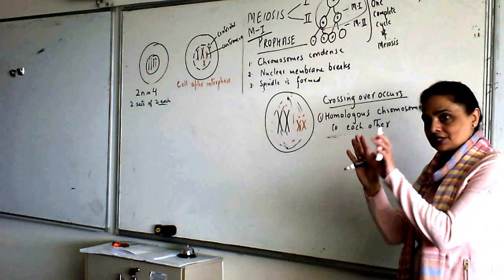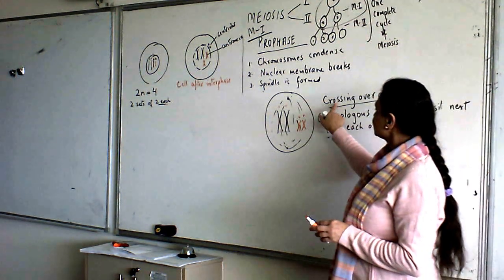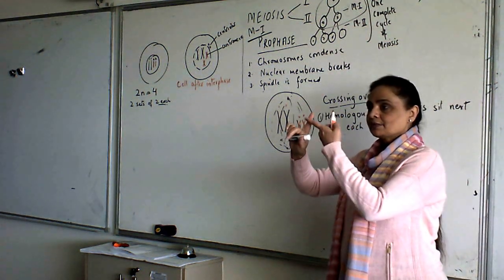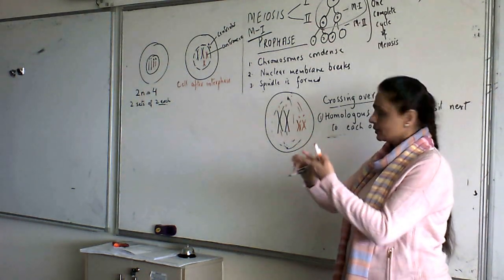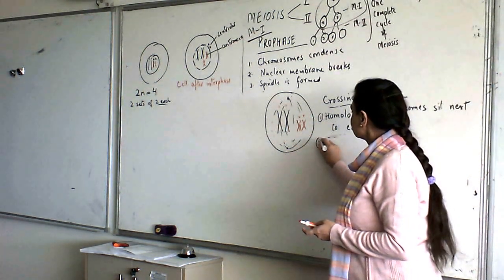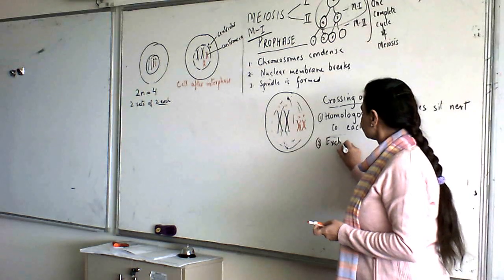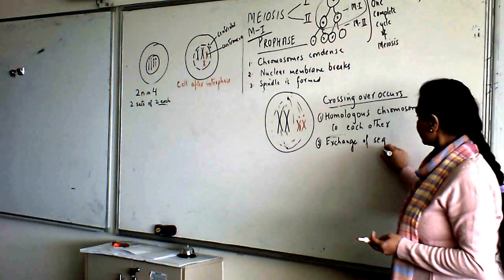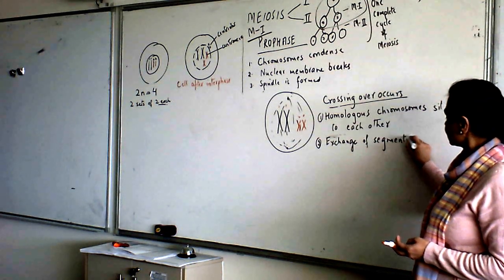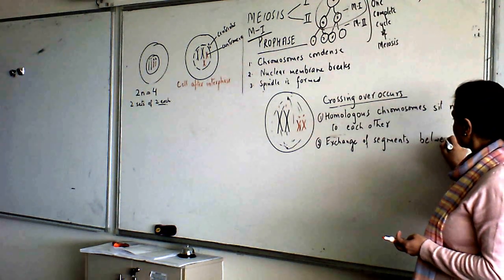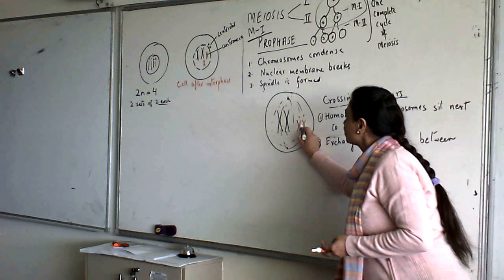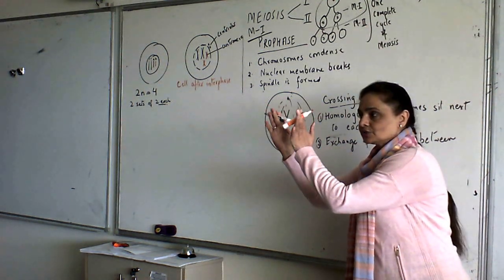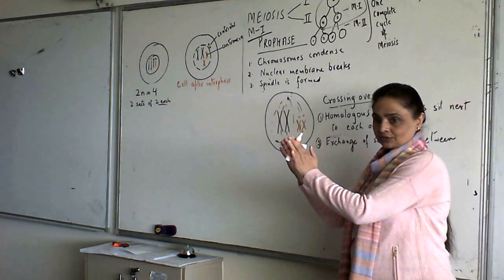Why have they come together in pairs? Because after this, what's going to happen is crossing over. So they exchange segments between, what are these two called that belong to different chromosomes? Non-sister chromosomes.